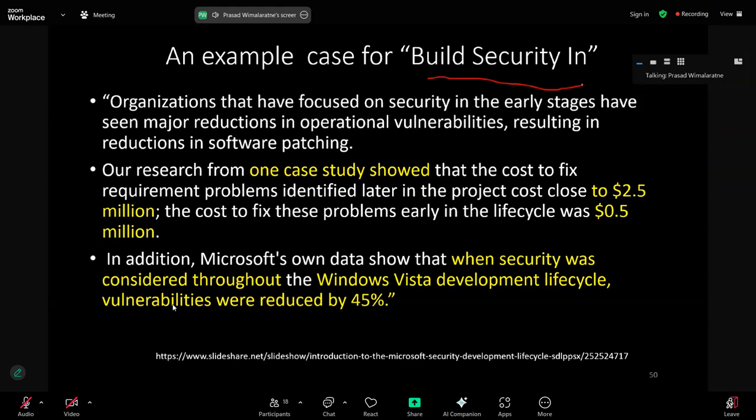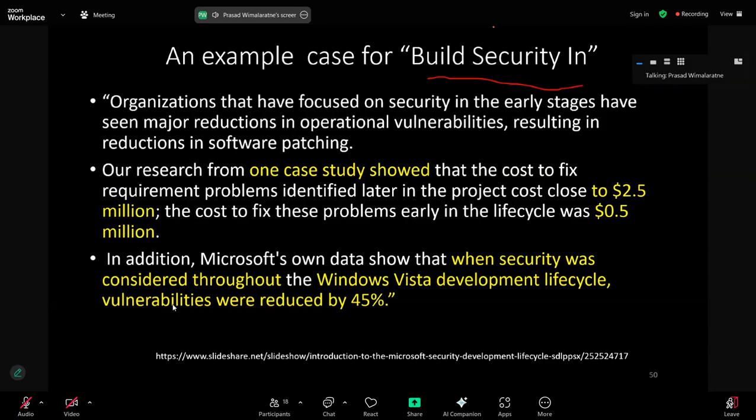We will refer to the tools later. There are various examples. One research shows that if you identify the problems at early stages, you can reduce the cost by a significant factor, a factor of 5, like 0.5 million to 2.5 million dollars difference sometimes.